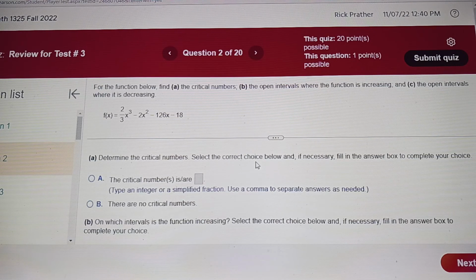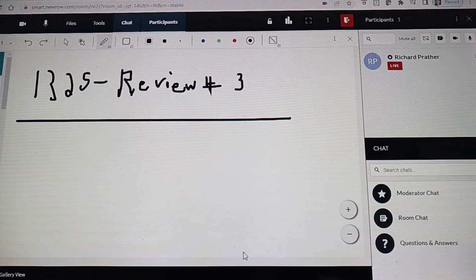Now we're going to do this the calculus way. Take the original function, it's a polynomial, and find the intervals when it's increasing and decreasing with calculus techniques.